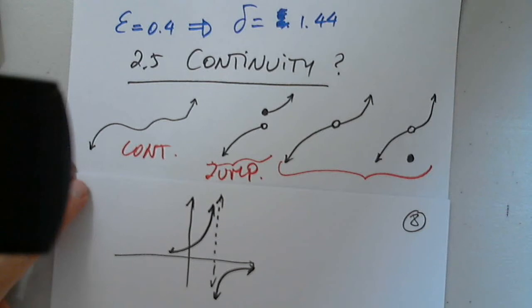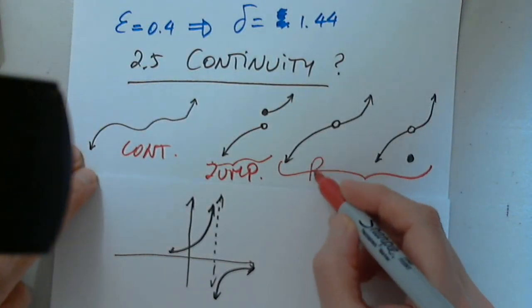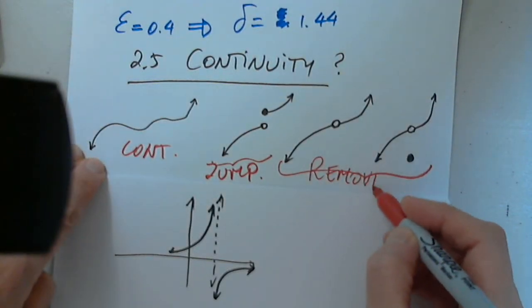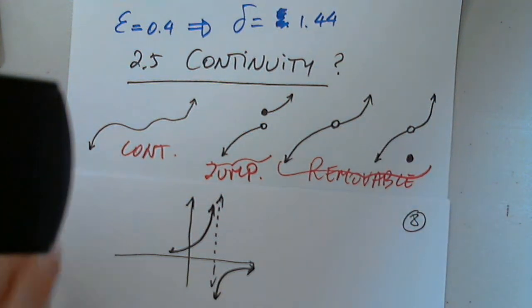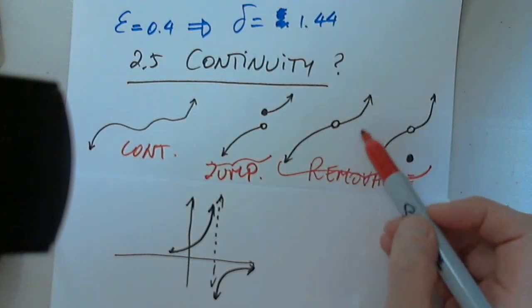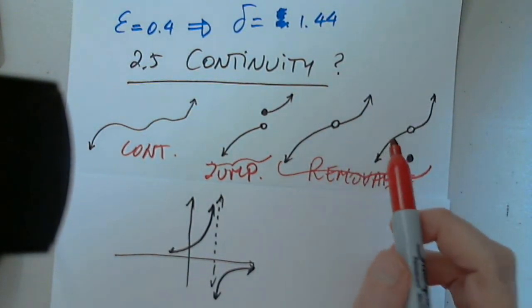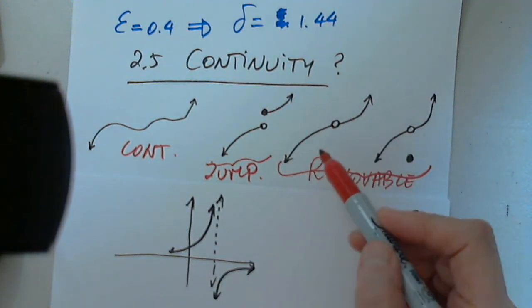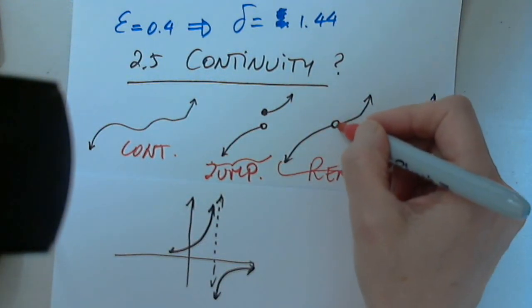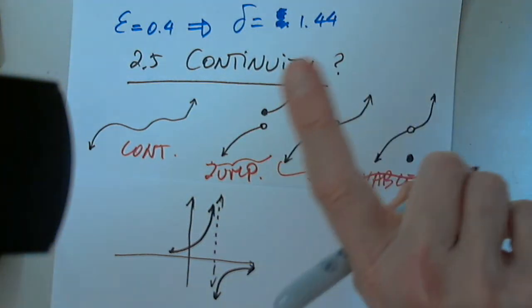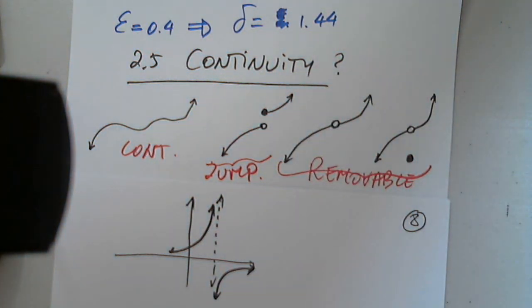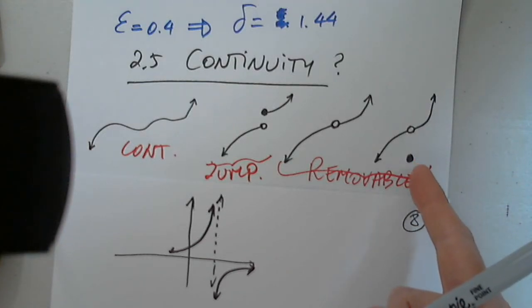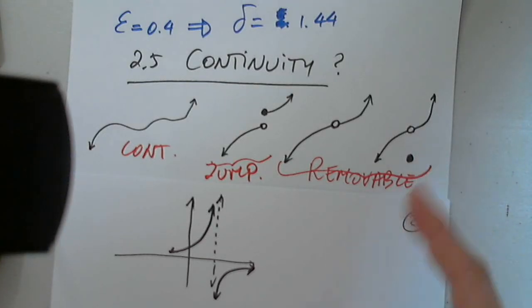No, they're not. They are called removable discontinuities. Removable. For one value, or a finite number of values, I can rearrange this. I can create a new function, and I'm going to fill it in because it's just one point. Here I cannot. The same thing here. It's a removable discontinuity.